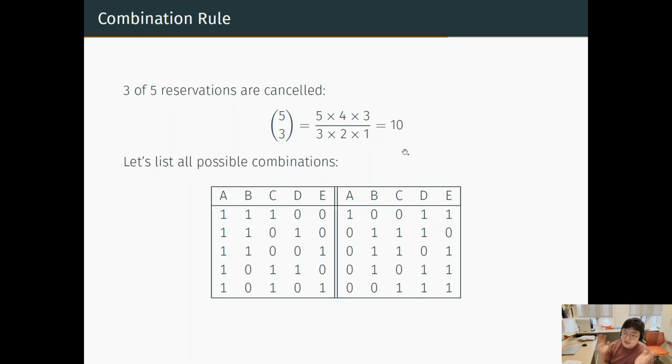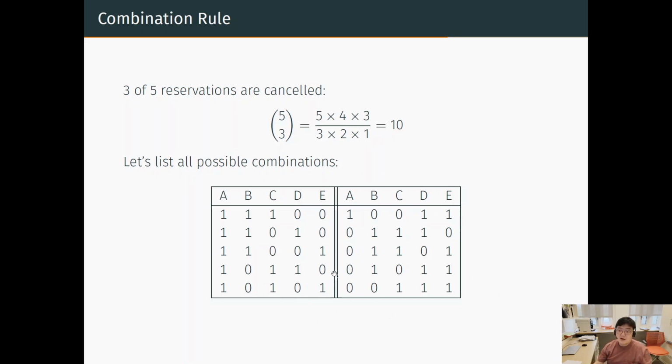So let's check it. When there are 5 reservations, A, B, C, D, E, I listed all the possible combinations of 3 ones and 2 zeros. ABC, ABD, ABE, ACD, ACE, and so on. So this is all the possible combinations of 3 ones, an exhaustive list.